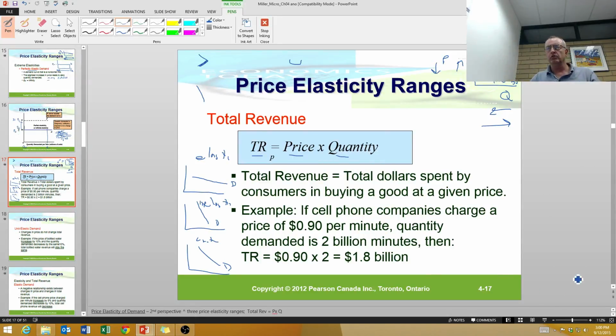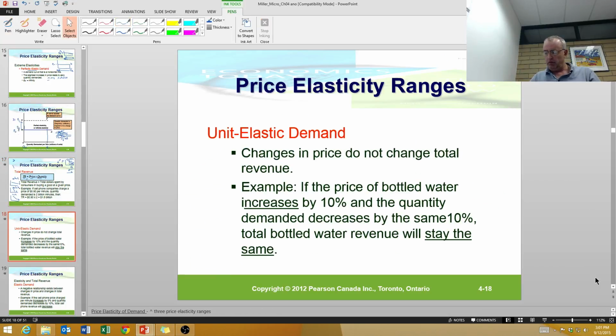Okay, so we want to know how this operates here. With unitary elastic demand, price changes do not affect total revenue. So this is kind of a simple one.